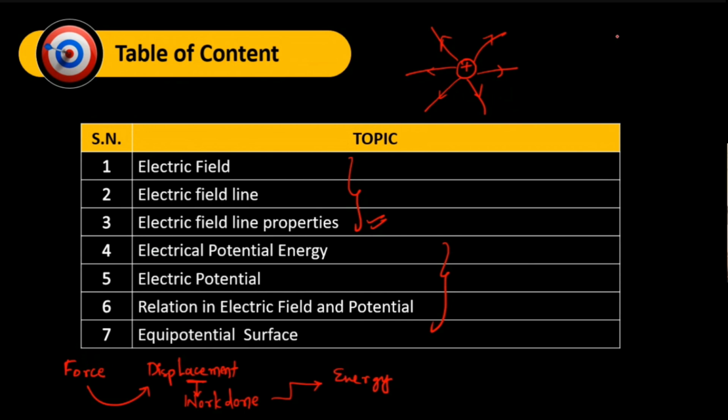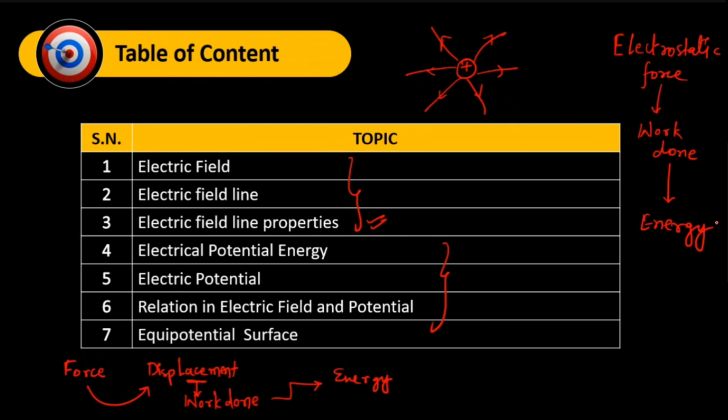If you relate the same in this chapter, first we defined electrostatic force in the very first lecture. This electrostatic force must be capable of displacing a charge from its position, so there must be some work done by this force. And later in this class, we're going to relate that work done by the force with energy.